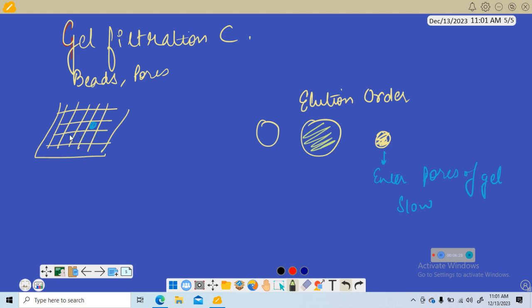See the size of this square: it is too small. This molecule is too big, so it cannot get trapped. It will not enter, so it will move easily and fast. So the elution order will be the largest molecule first, then a medium one, and at last the smallest one.